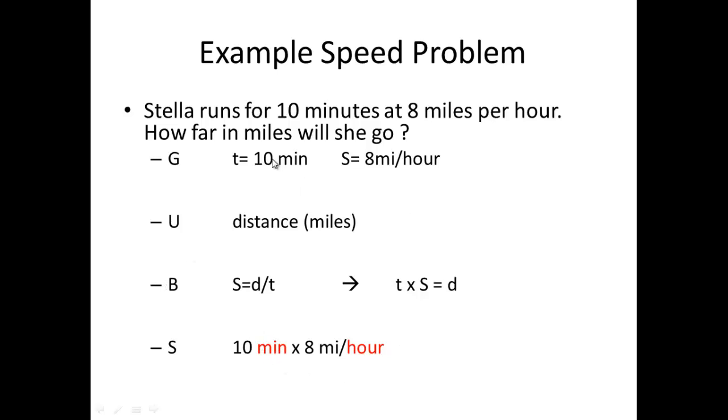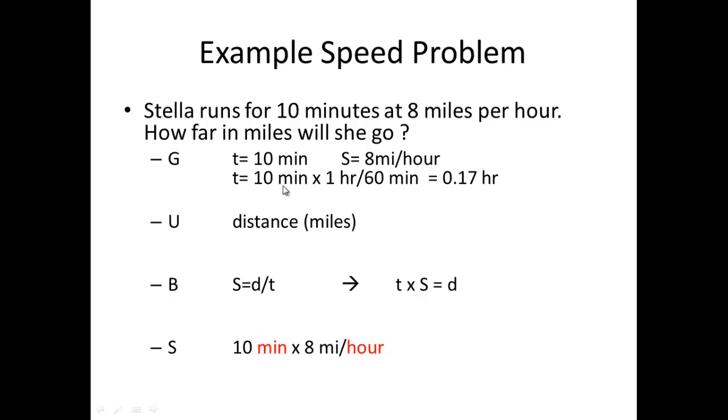So we need to go back to our givens and convert our time from minutes to hours. Now you could convert this into miles per minute, or you can convert your time unit from minutes to hours. We're going to, in this particular example, use the conversion of minutes to hours.